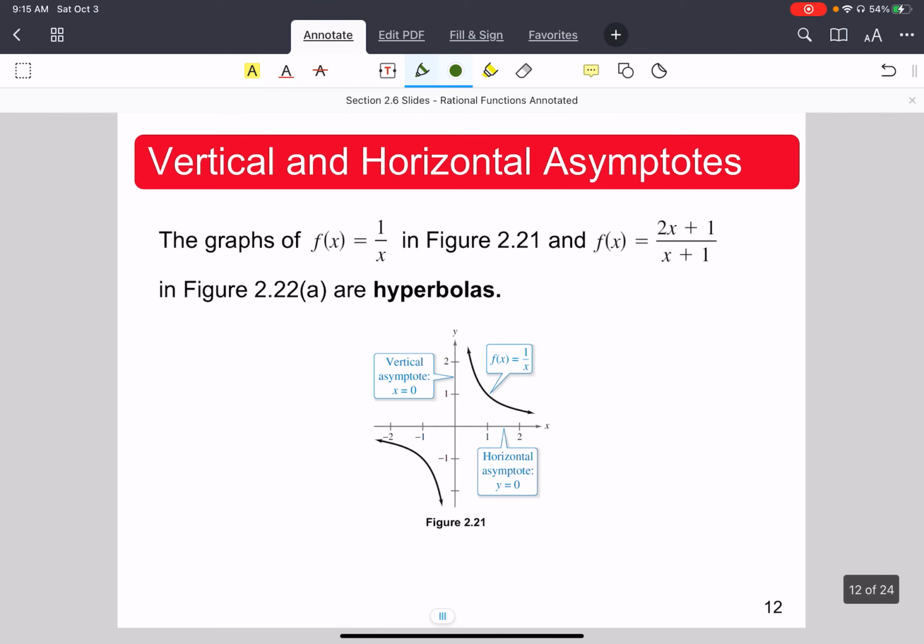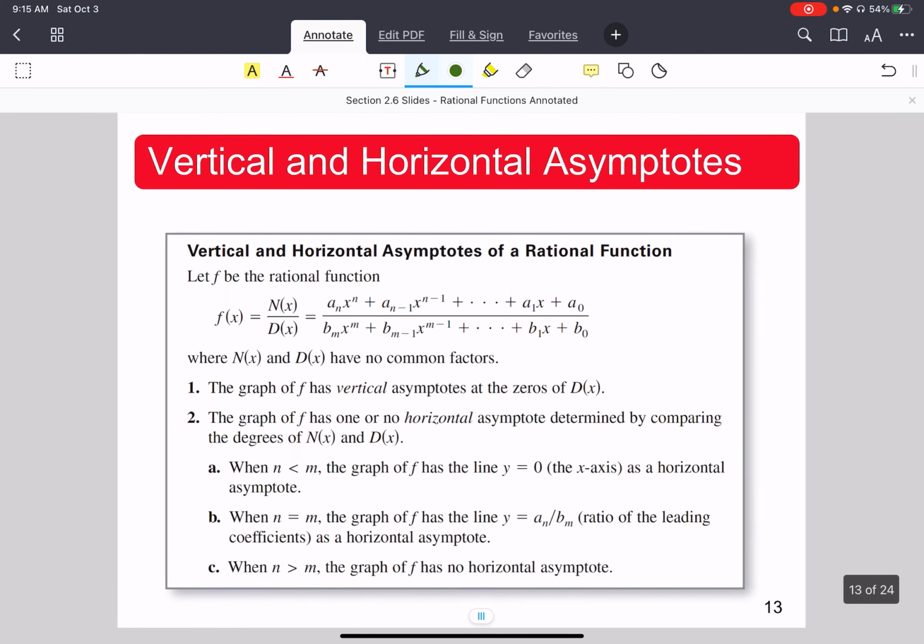So the way we find that is this definition: vertical and horizontal asymptotes of a rational function. How do we exactly find them? Here we're going to define a general rational function. Let f of x equals n of x divided by d of x be some rational function. It could be anything, any rational, with any polynomials. These are my polynomials.